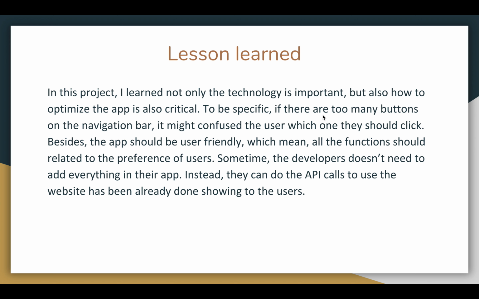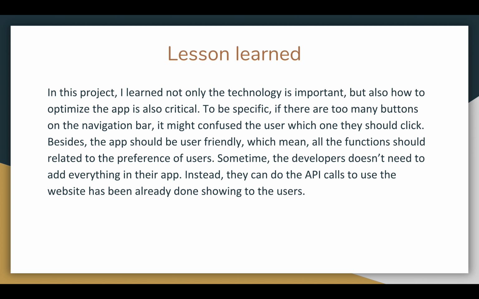In this class, I learned that not only is the technology important, but optimizing the application is also critical. To be specific, if there are too many buttons on the navigation bar, it might confuse the user. So what we need to do is make the app as clean as we can, but also include all the important functions.